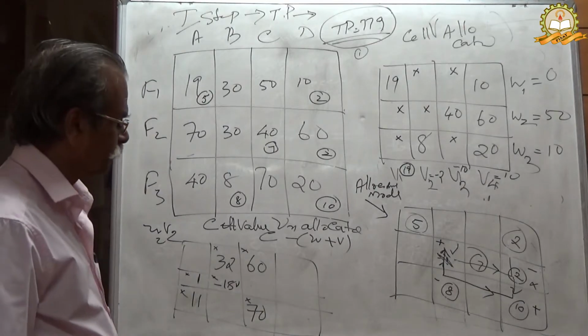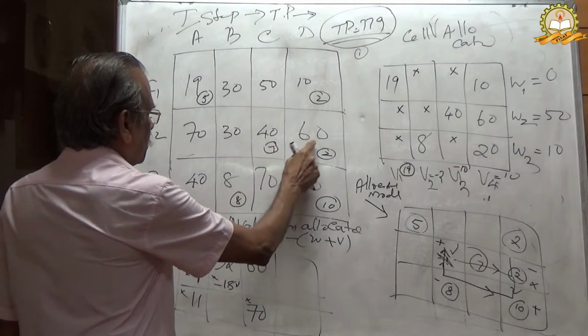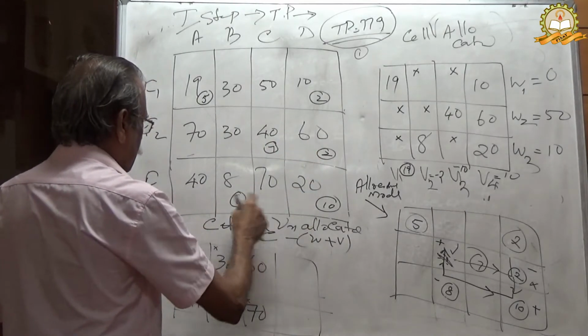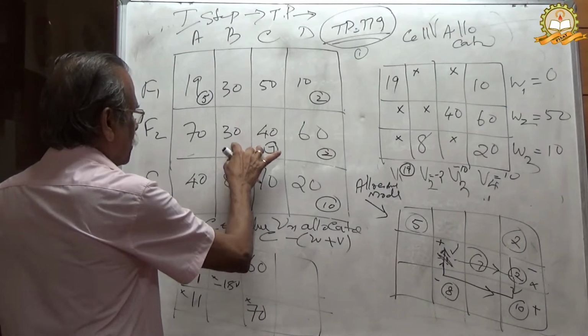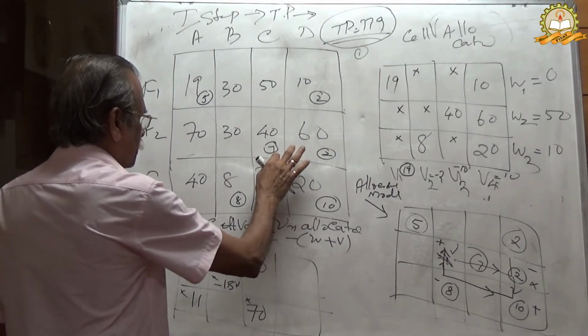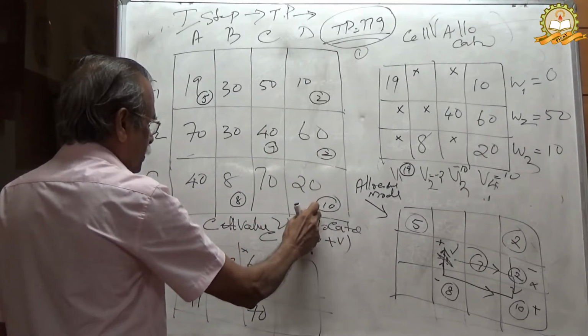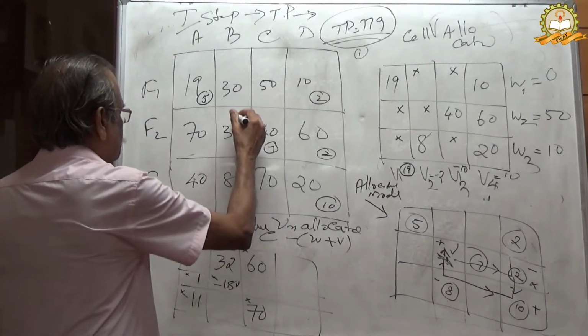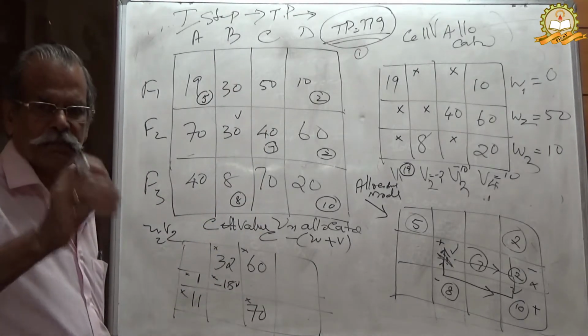Choose that. Here the lowest allocation made, not the cell value, remember, allocation made. Here it is 7, 2 allocation, 10 allocation, 8 allocation. This is the starting point. Choose that number 2.